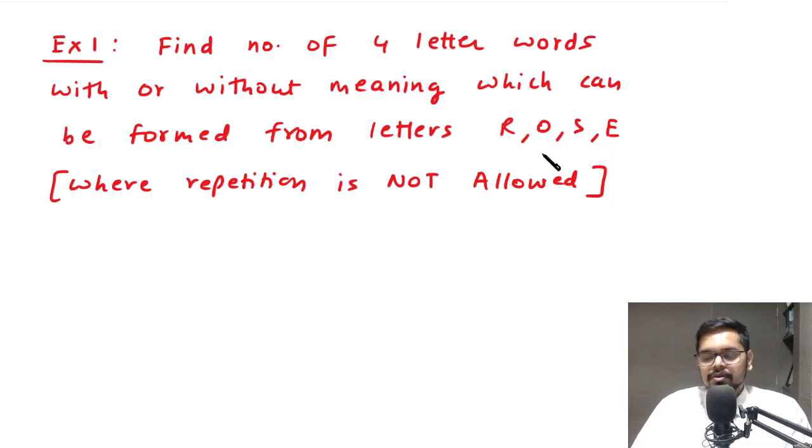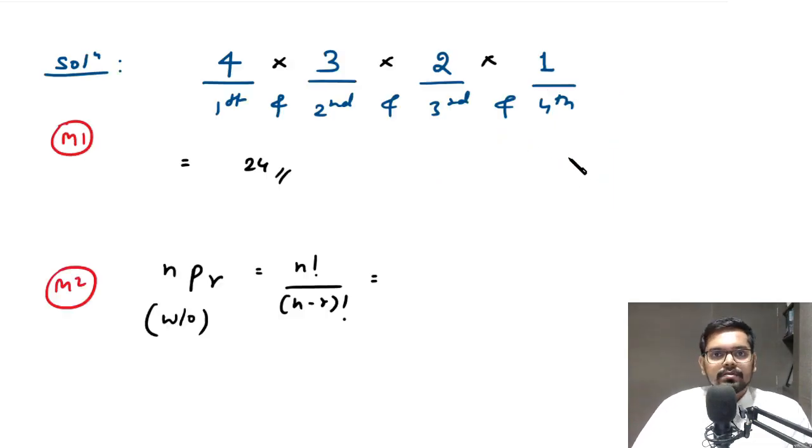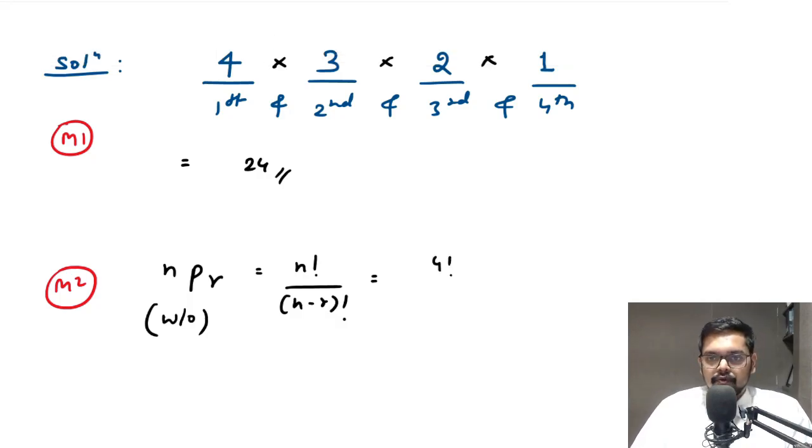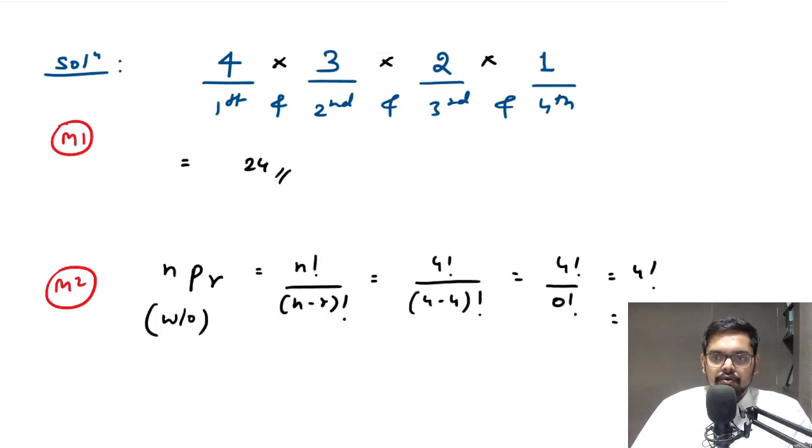So 4 blanks, 4 objects. So yes, n is 4, r is also 4. So 4 factorial by 4 minus 4 factorial, which is 4 factorial by 0 factorial, which is nothing but 4 factorial. 4 factorial is 4 into 3 into 2 into 1, which is 24. That is the final answer.